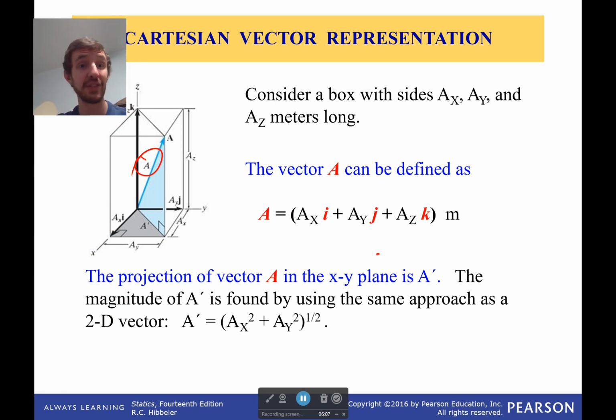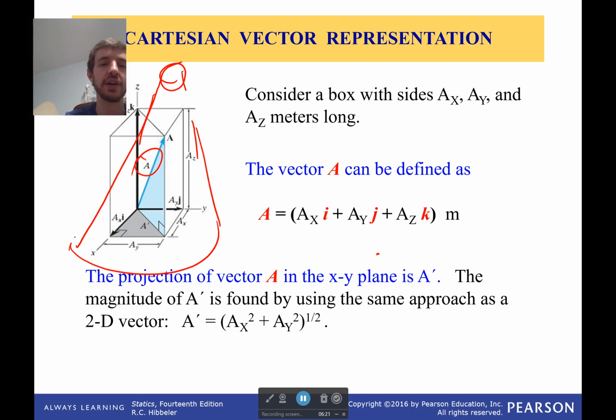Now, here's an interesting and very important detail. What about the projection? Projection is more like a shadow. Imagine that you have a lamp way up here, shining a big bright beam of light onto the surface, and that arrow is blocking the light.